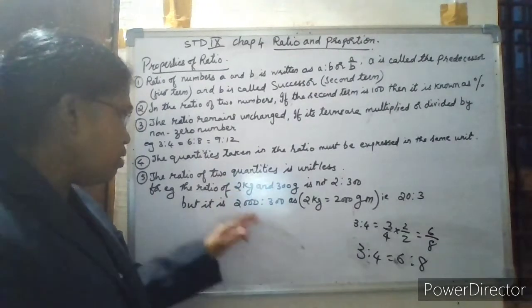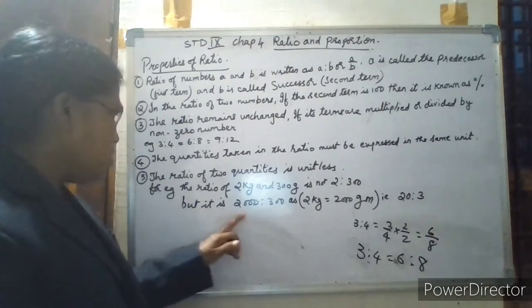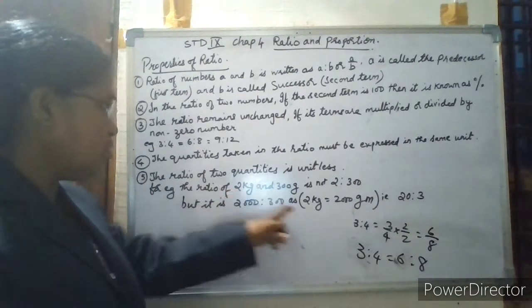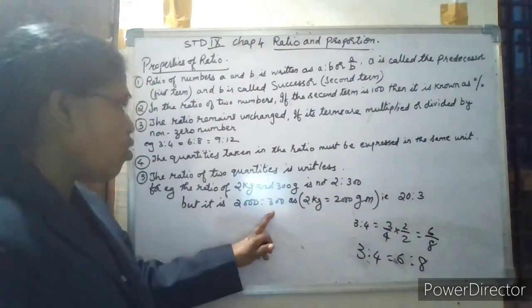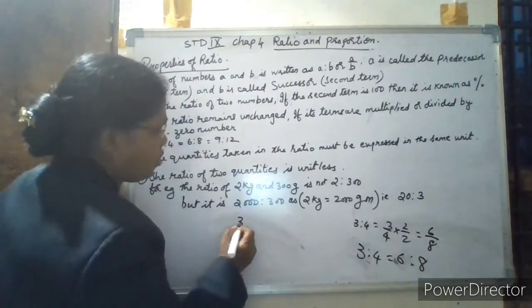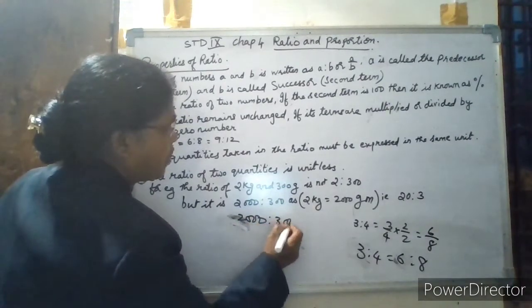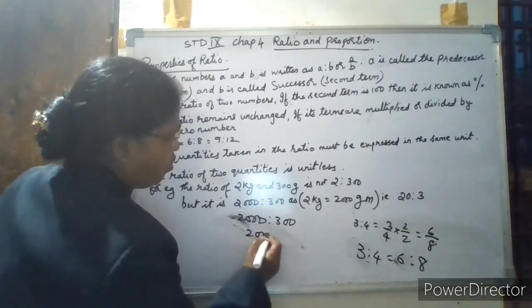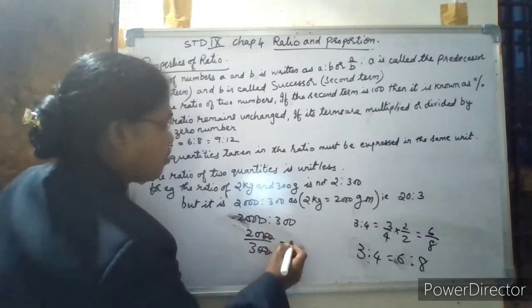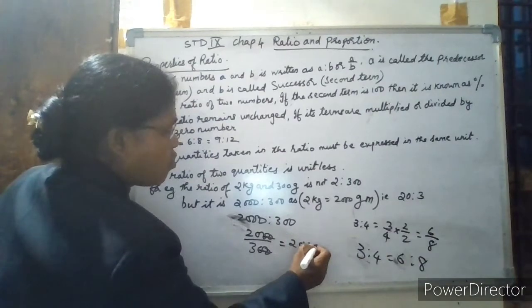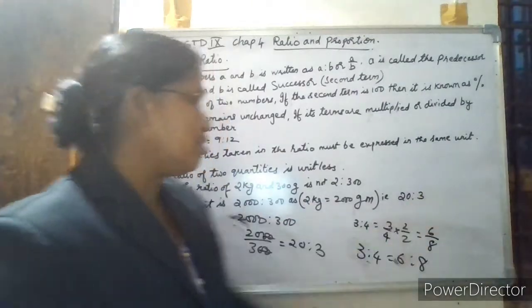It should be brought to the same unit. 2 kg is equal to 2000 grams. So 2000 is to 300, that can be written as 2000 by 300. The zeros cancel. So it is equal to 20:3. Therefore the ratio is 20:3.